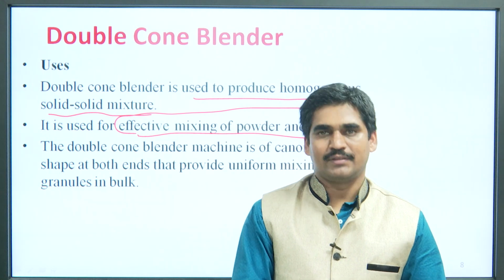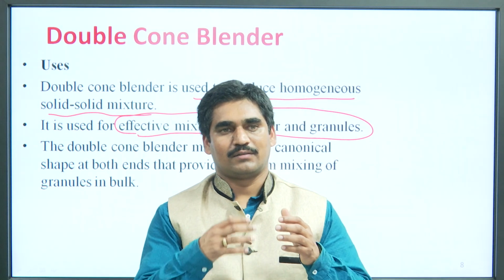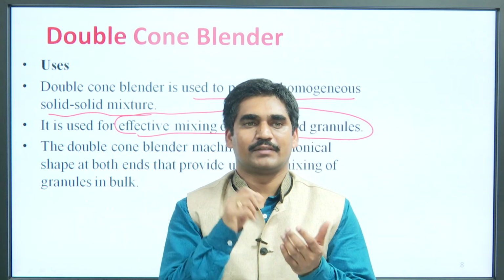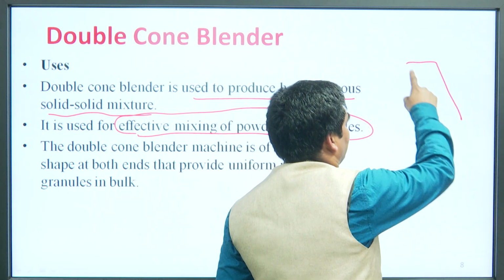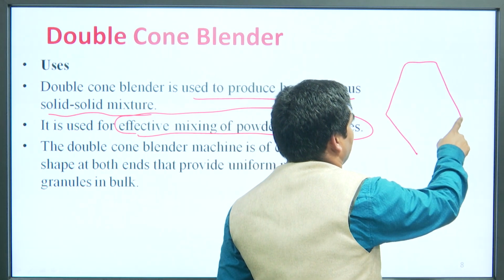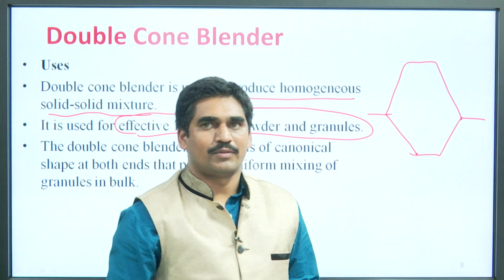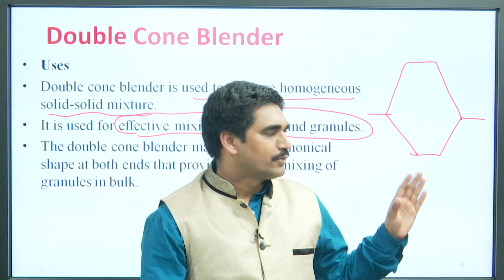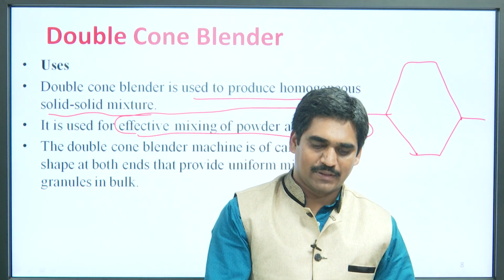In this machine, we see that the blender has a conical shape at both the ends, probably this is the shape of the blender. If you see the diagram, almost conical shapes are present at both ends.